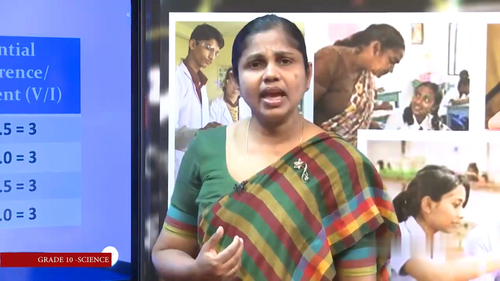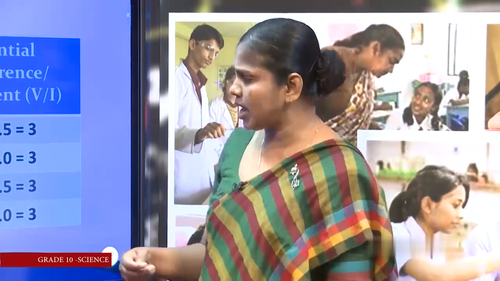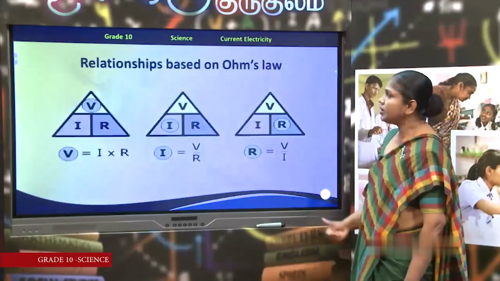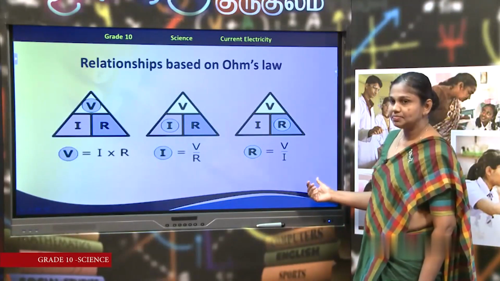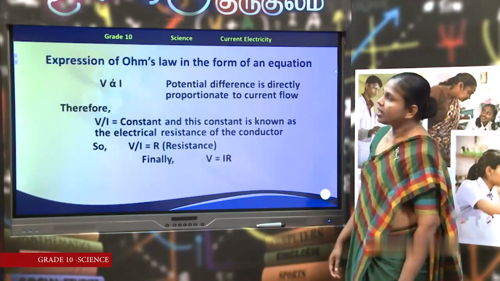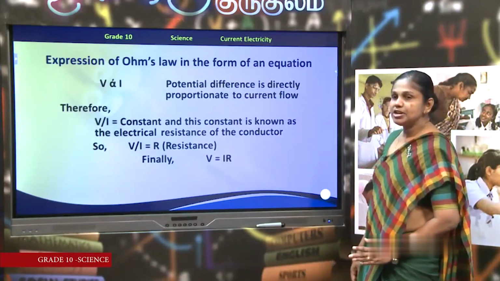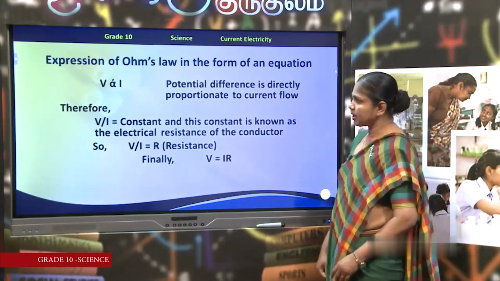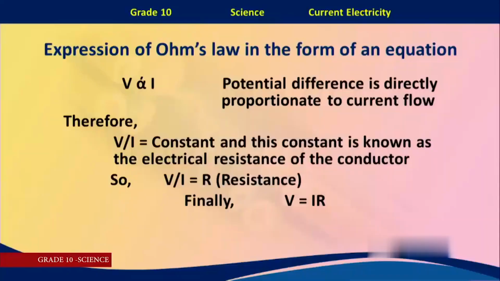By this, we can derive a formula, children. Look here. According to Ohm's law, V is directly proportional to I. That means potential difference is directly proportional to current flow. And also we found V over I is a constant.